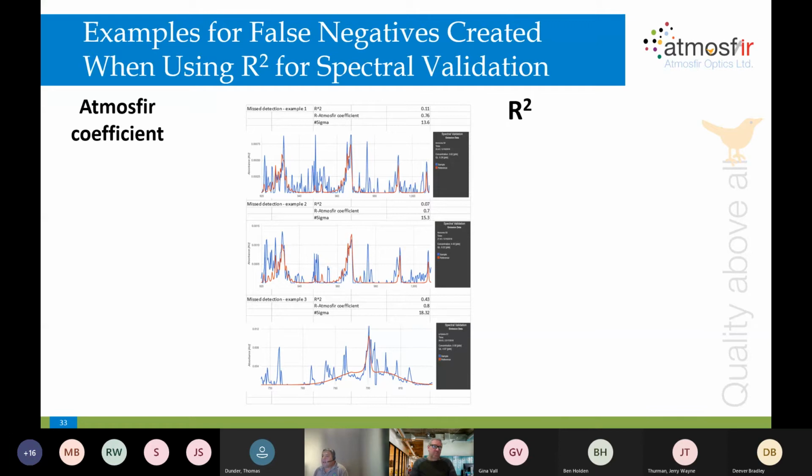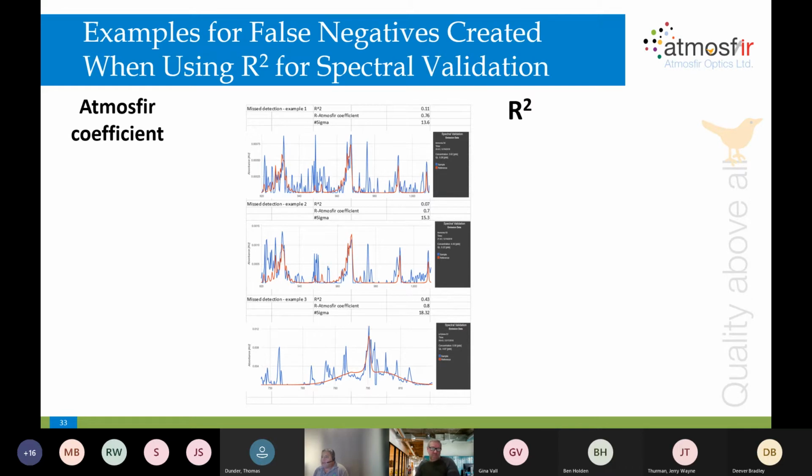To show you how it looks in real time, on the right is the analysis based on R square. In the picture on the top, you can see blue is what we are measuring in the field. Red is the reference spectra, the NIST reference spectra for ammonia.